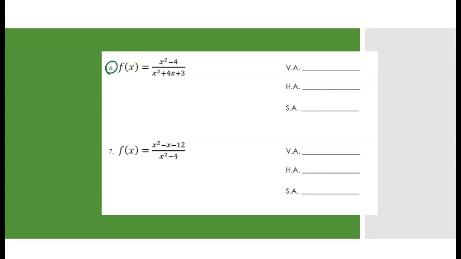For number 6, can you factor the numerator and denominator? Yes, please do, because you want to check for what? Holes. Perhaps there's another one that has a hole that we can do.